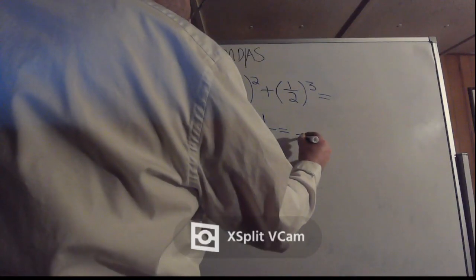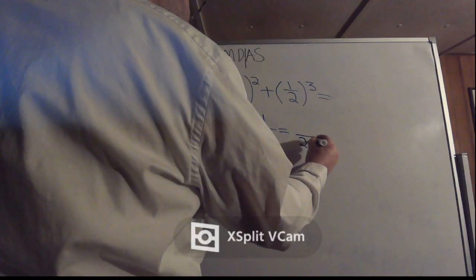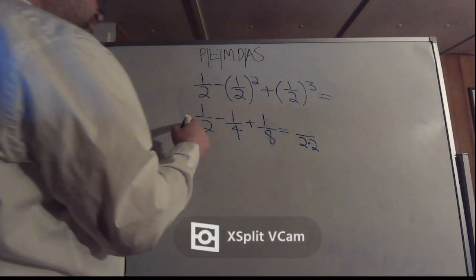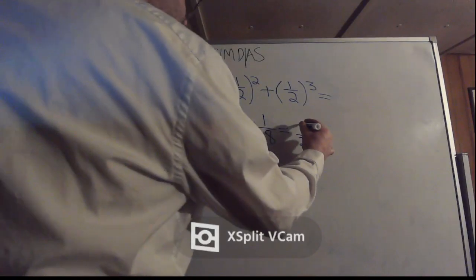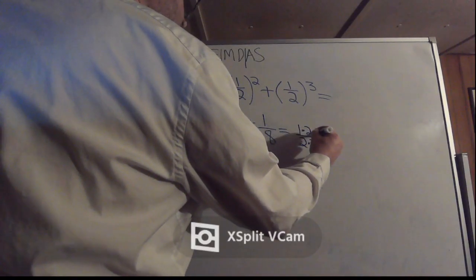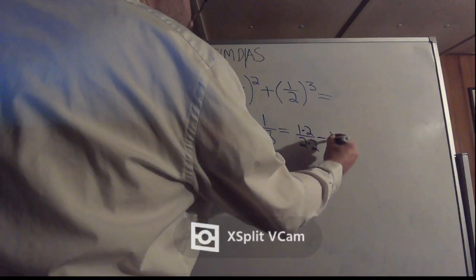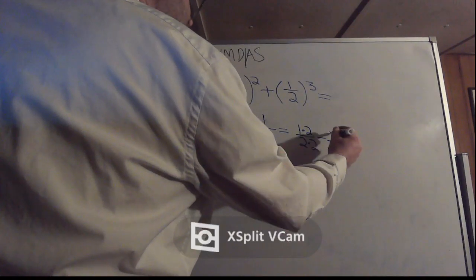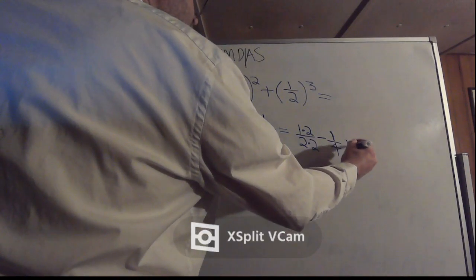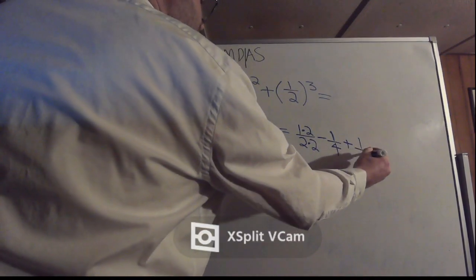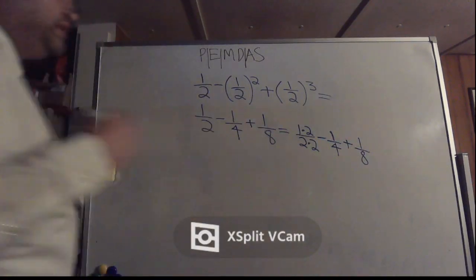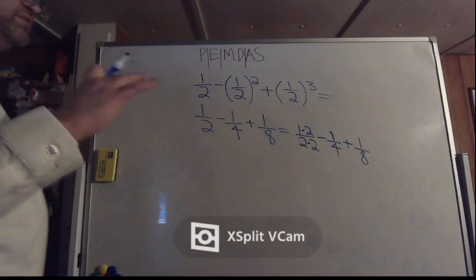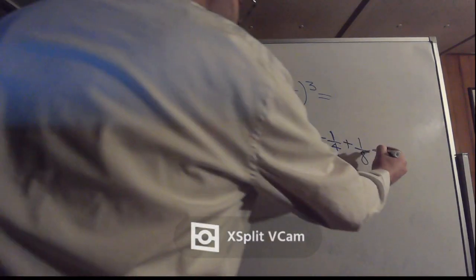So you will have 2 times 2 for the denominator there. And then you'll have 1 times 2 for the numerator. We can leave the 1/4 alone because it's already got a common denominator of 4. The 1/8 we'll just put plus 1/8. We're not even dealing with 1/8 yet. We're just dealing with the first two terms.